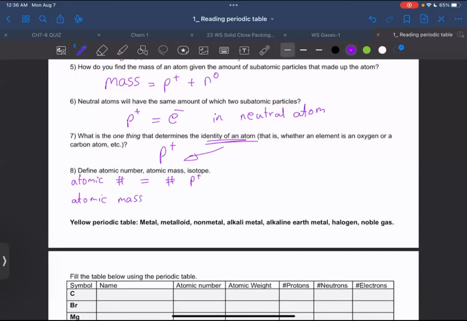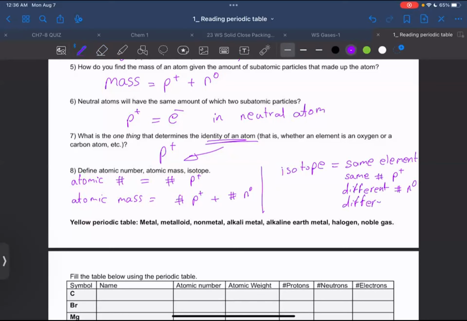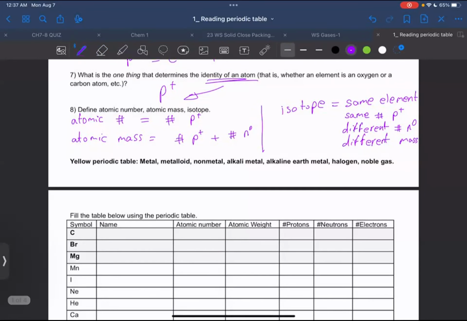Atomic mass equals number of protons plus number of neutrons. Isotope: same element, same number of protons, different number of neutrons, different mass.